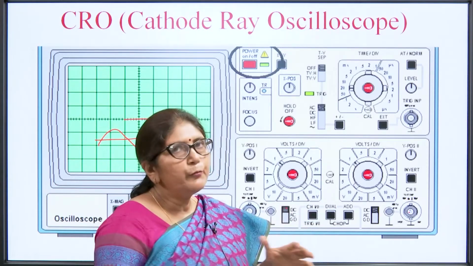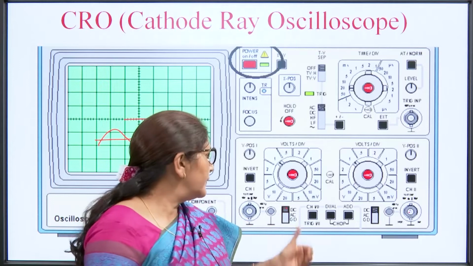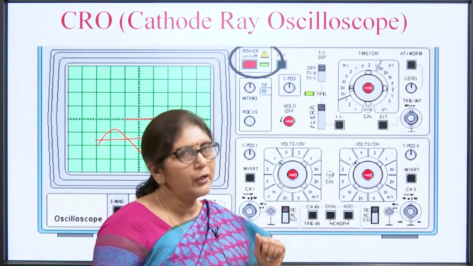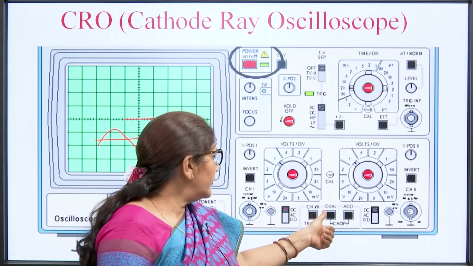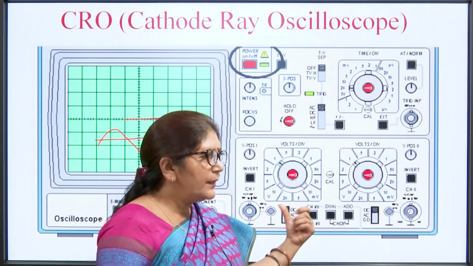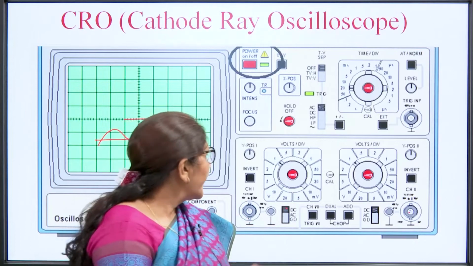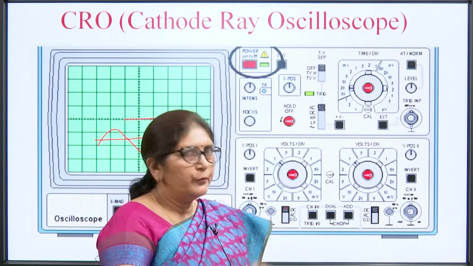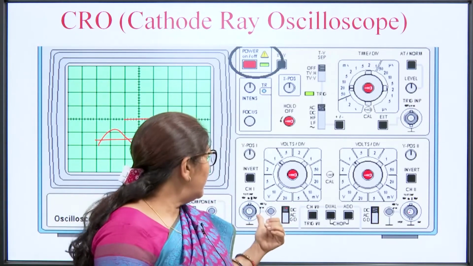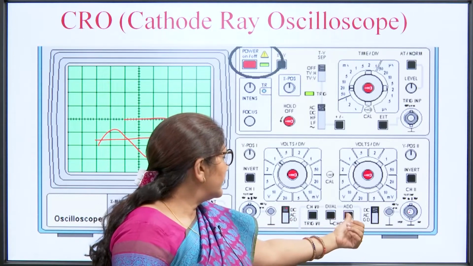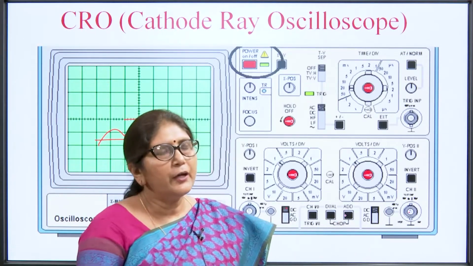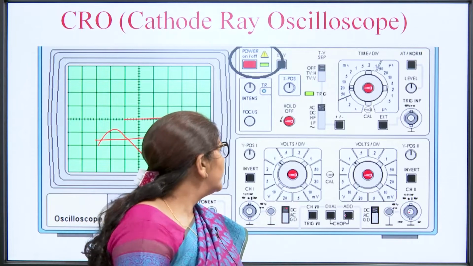If we are using both channels simultaneously, the switch will be in the dual position. If we are not using both channels, this dual switch will be in the out position. Then suppose we want to add both the signals, we will press this switch and this will add both the signals.